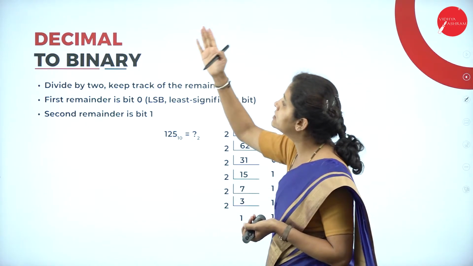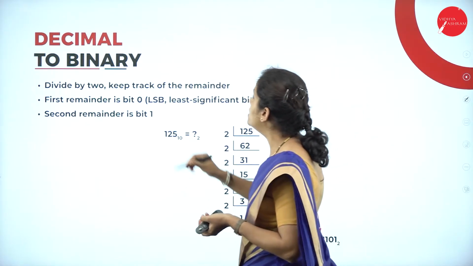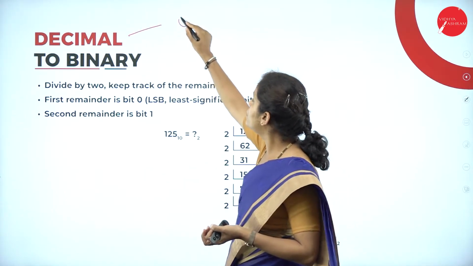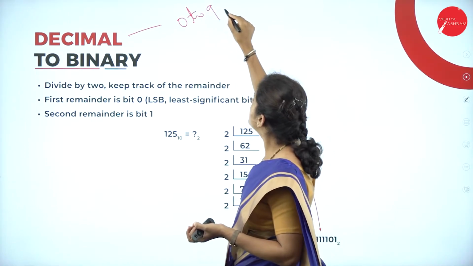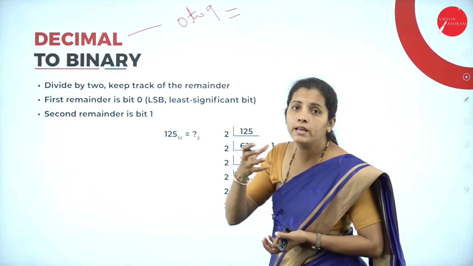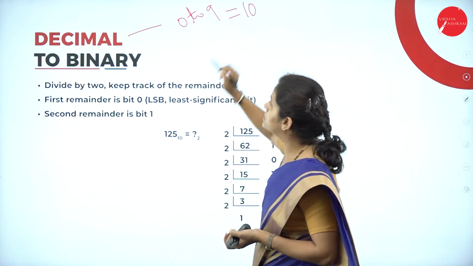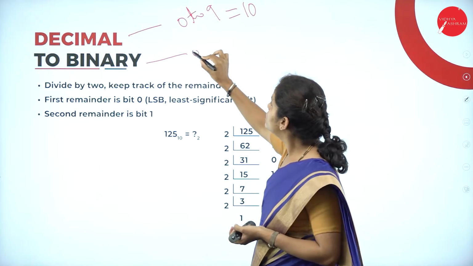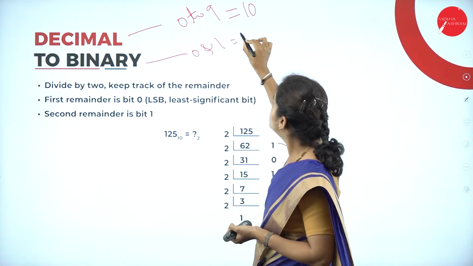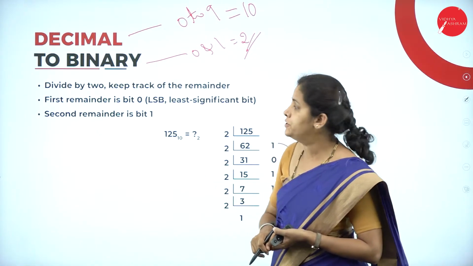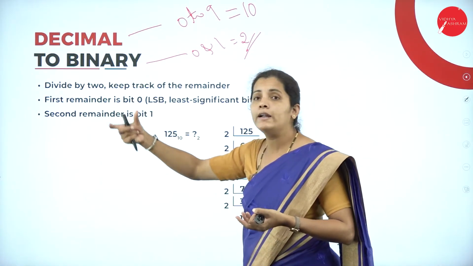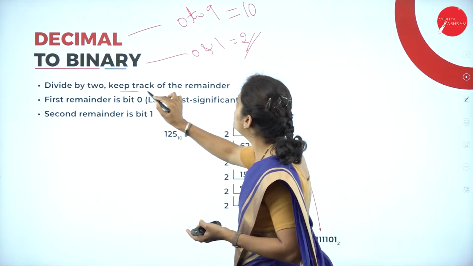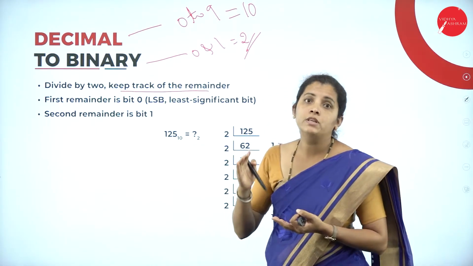Moving further, I'm going to do decimal to binary. I repeat, here it is decimal to binary. So here we are going to get a decimal number, and the range starts from 0 to 9. How many numbers? It is 10 numbers. So what is binary? It is 0 and 1s. So 0 and 1, it is only a 2-bit representation. So here I want to divide the number by 2 and keep track of the remainder.